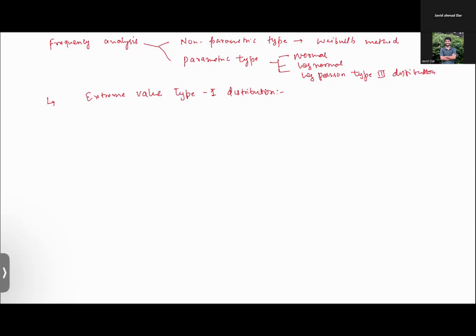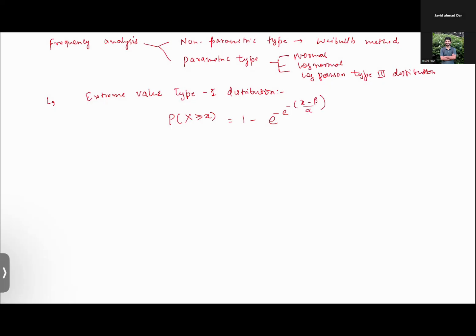So you can think of drought, you can think of floods, you can think of extreme temperatures. So this distribution is represented as the probability of X greater than small x is 1 minus e to the power minus e to the power minus (x minus beta) divided by alpha.